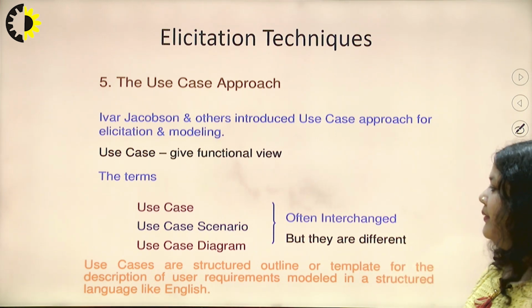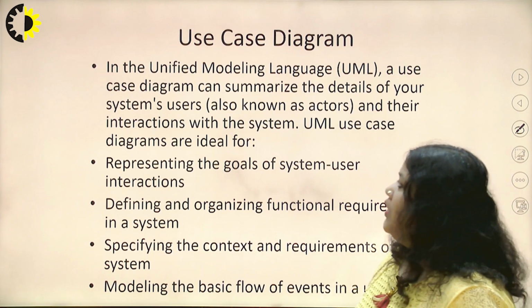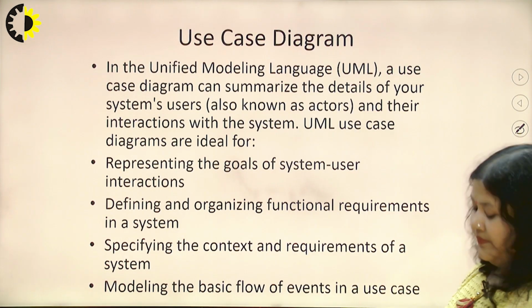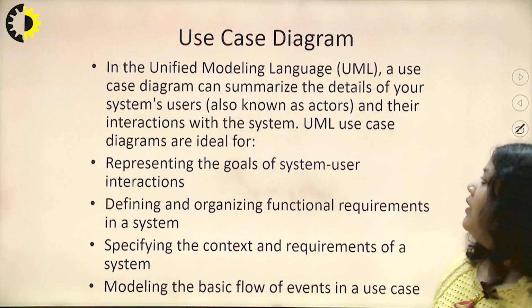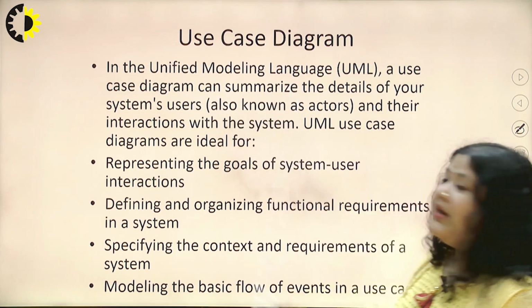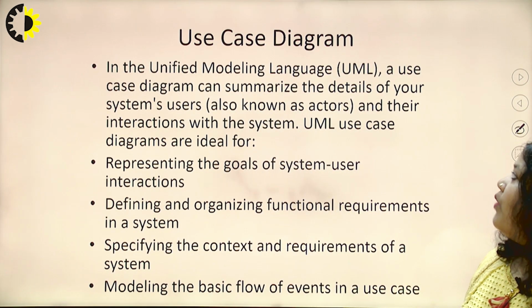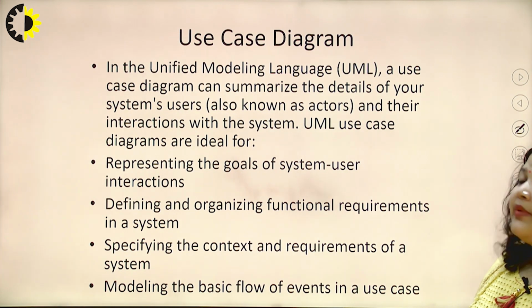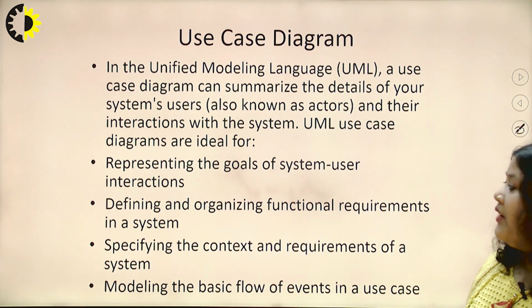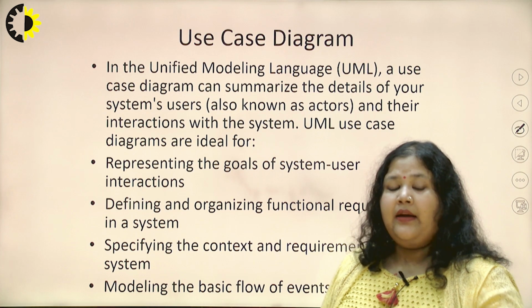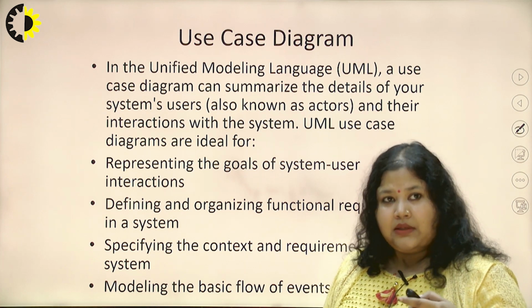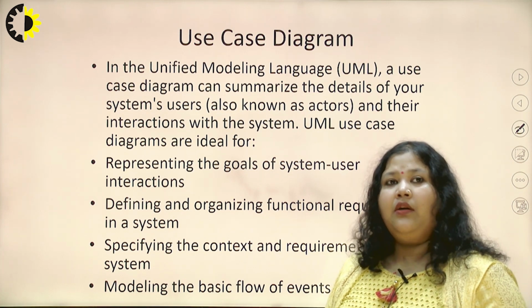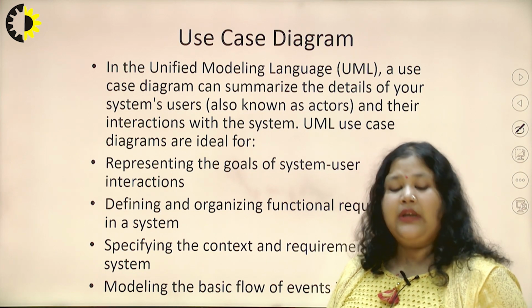Some terms are used in the use case. A use case is defined in UML, the Unified Modeling Language, and we have to summarize each and every requirement in diagrammatic form by defining some terms for representing the use case diagram.